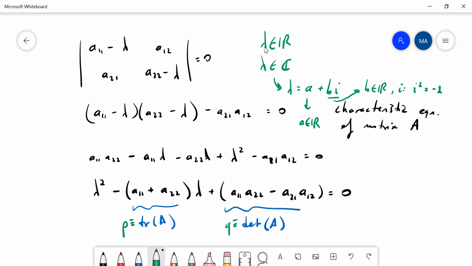Complex numbers. So depending on the values of these eigenvalues, depending on their sign, depending on whether they're complex or real, etc., you're going to have the stability results. All right?